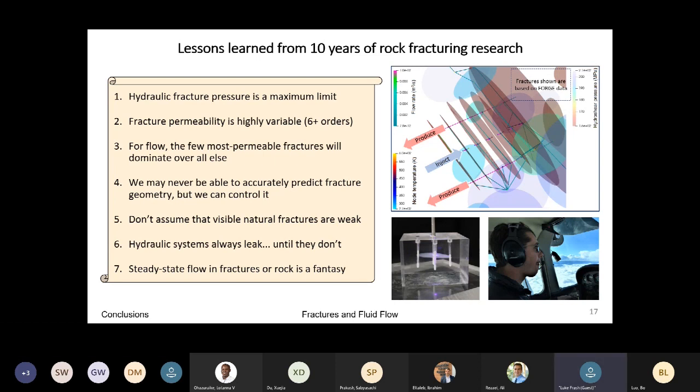And then you don't want to assume that a visible natural fracture is weak. So when you do a well log, like we did at the EGS Coulomb project, we observed a lot of natural fractures that were infilled and mineralized. From doing laboratory testing, we saw that the majority of those fractures, like 80% of them or more maybe, were just as strong as the rock around them and just as impermeable.